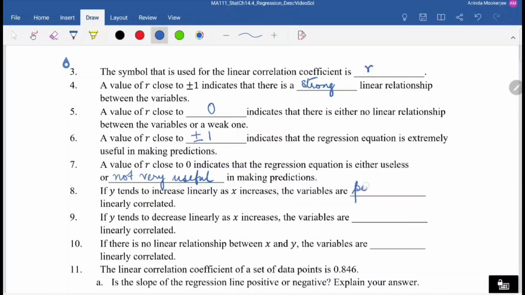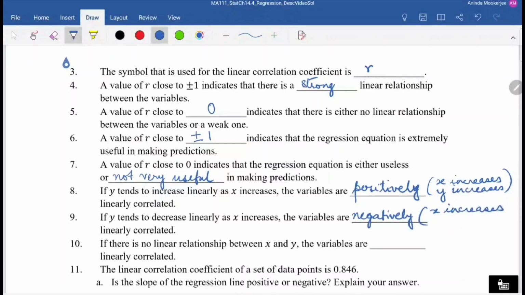That means as x increases, y also increases. Number 9, if y tends to decrease linearly as x increases, the variables are negatively linearly correlated. So what they are saying is, if x increases, y decreases, then that means it's negatively correlated.